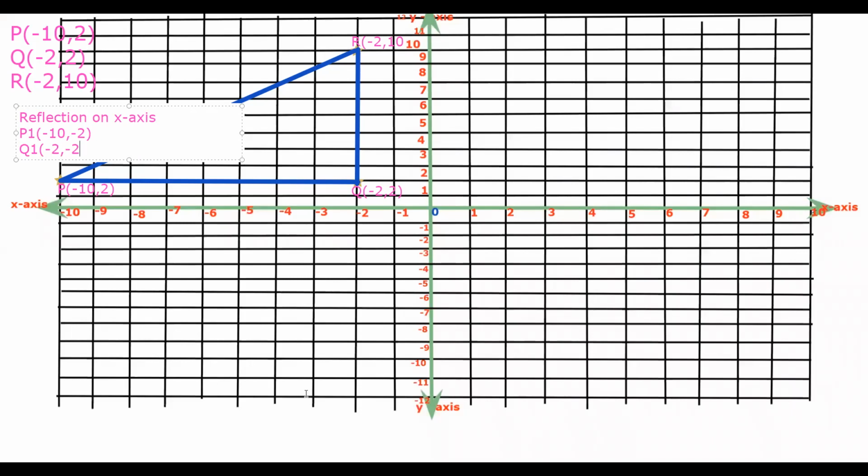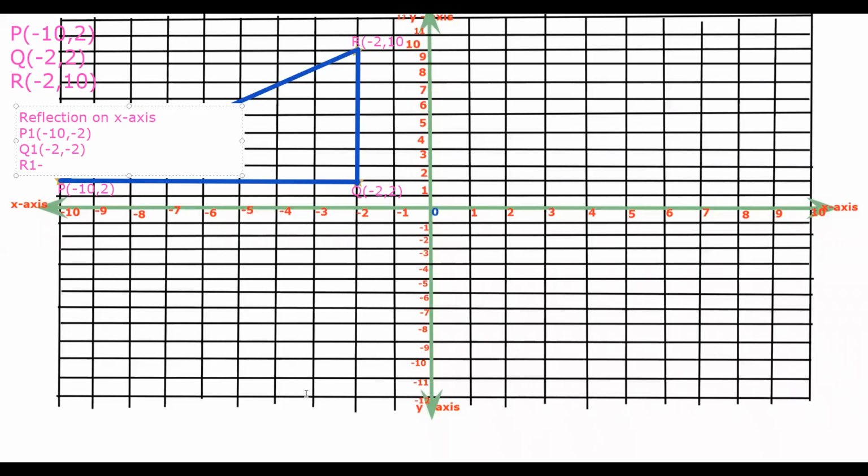Okay, and here will be negative 2. Then for point R, that is R1, before you can get R1, it means point R is reflected on the x-axis, where no way are you going to touch the x coordinate.